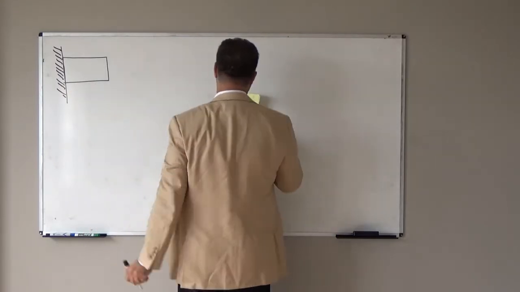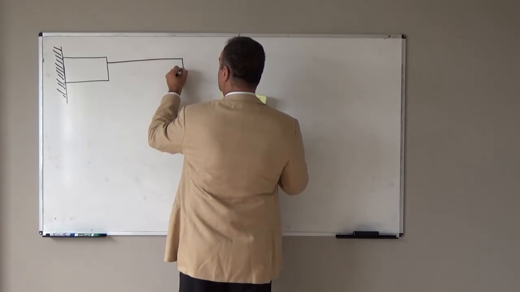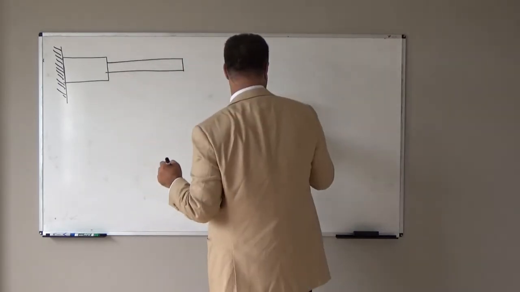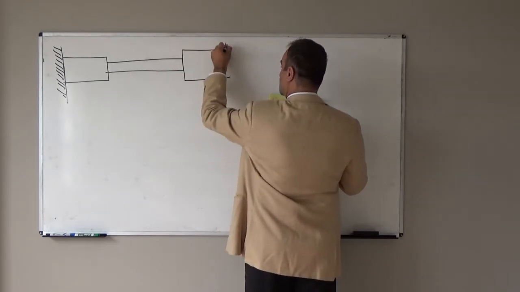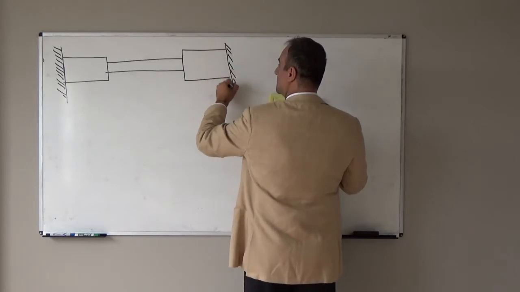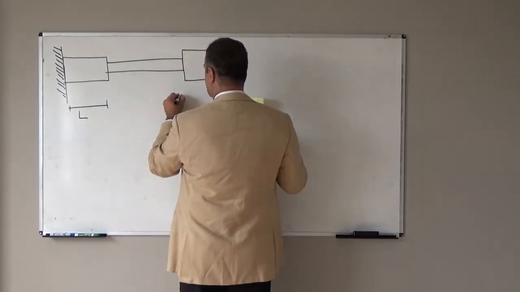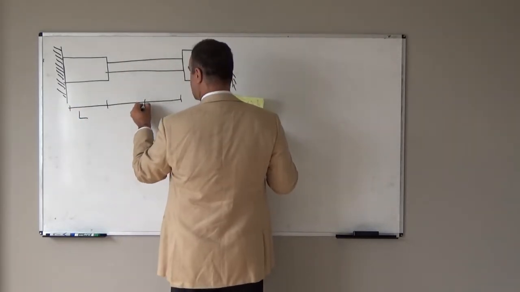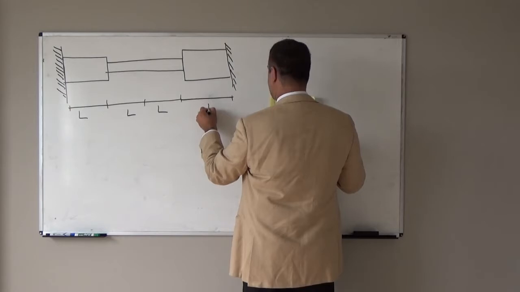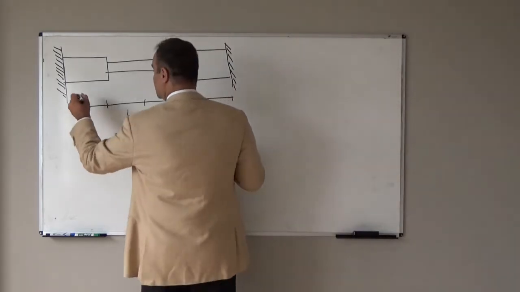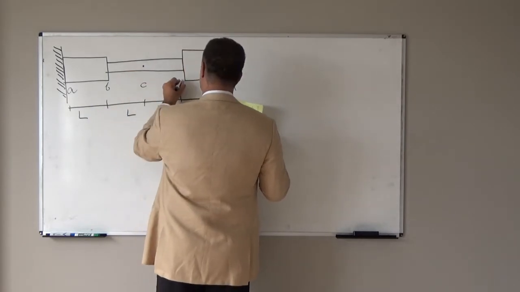It is one axial bar with different cross-sectional area. Length for this part is L. For this part, it is 2L, L and L. Again, for this part, it is L. I put names, for example, lowercase a, b, midpoint c, d, e.